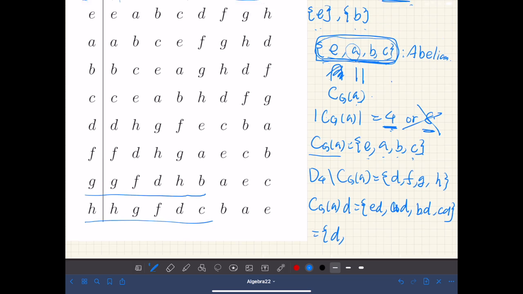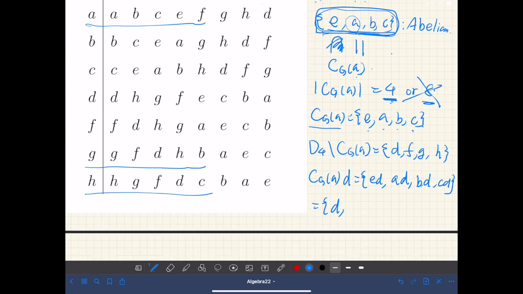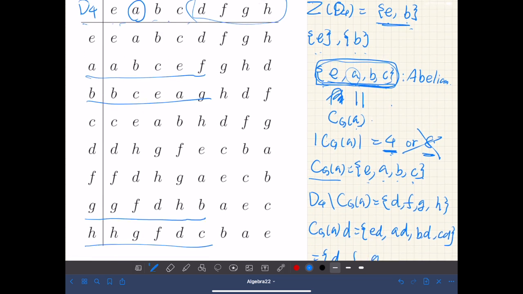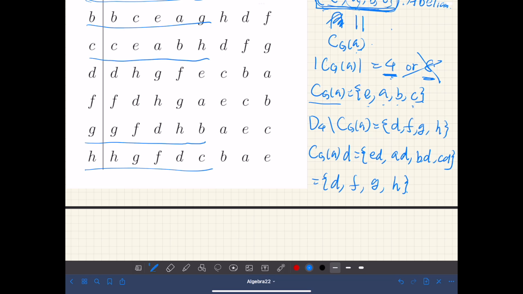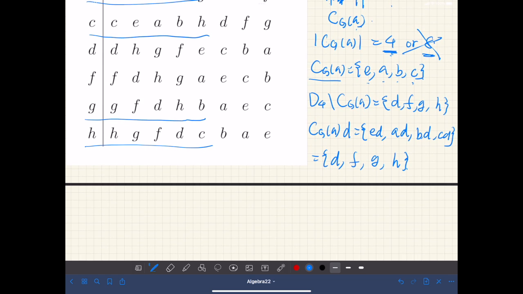That is D, AD which is F, BD is G, and CD is H. So this is one set, and together with E, A, B, C they cover all the elements of D4.